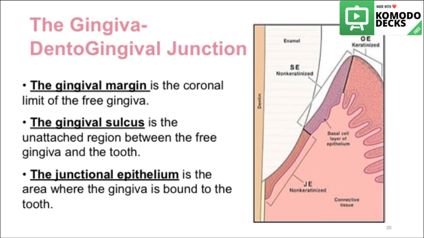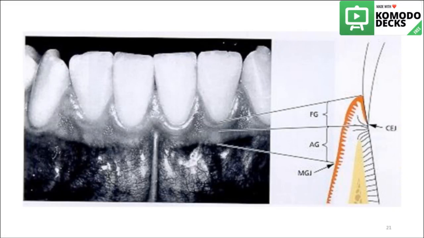And there's the junctional epithelium, which is where the gingiva is bound to the tooth. See the free gingiva, the attached gingiva, and the mucogingival junction demarcating the alveolar mucosa down. Sometimes in some teeth we have the free gingival groove at the level of the cemento-enamel junction.